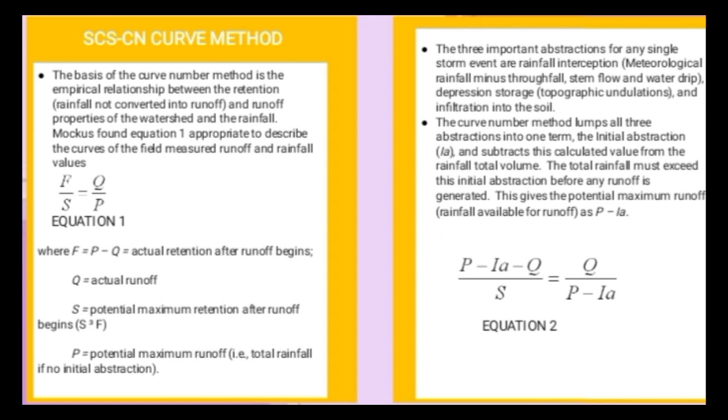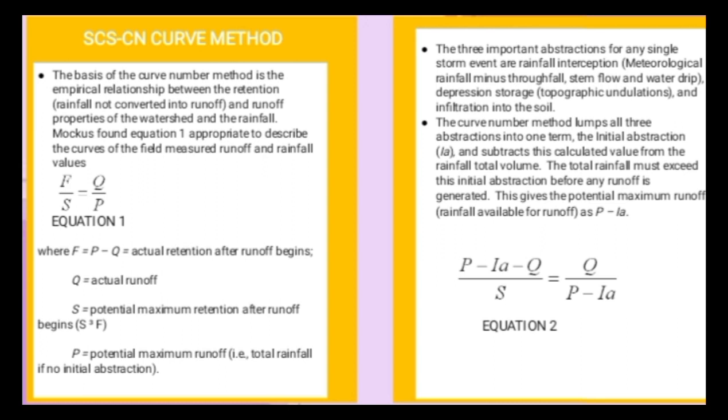The curve number method lumps all three abstractions into one term, the initial abstraction, and subtracts that calculated value from the rainfall total volume. The total rainfall must exceed this initial abstraction before any runoff is generated. This gives a potential maximum runoff, or rainfall available for runoff, as P minus IA.